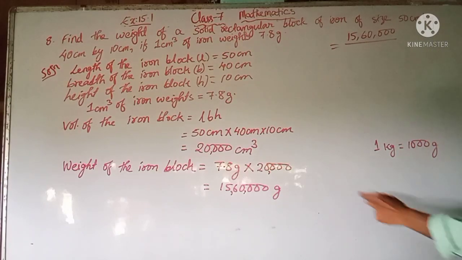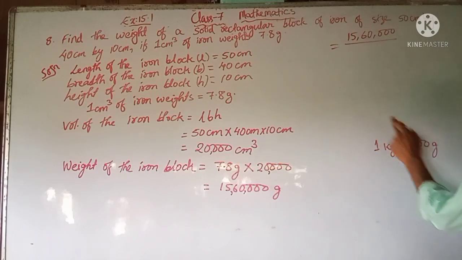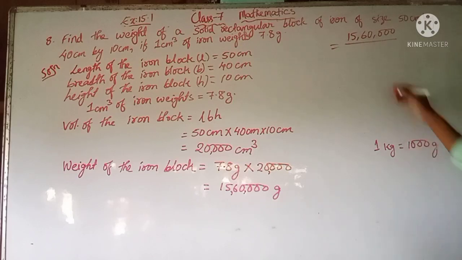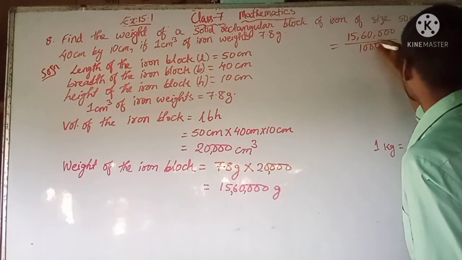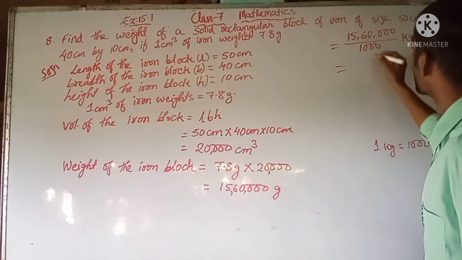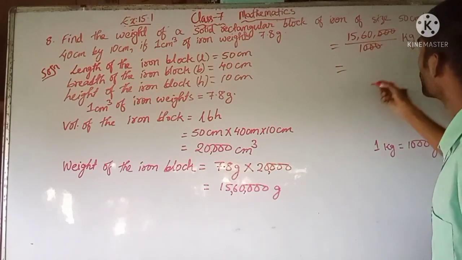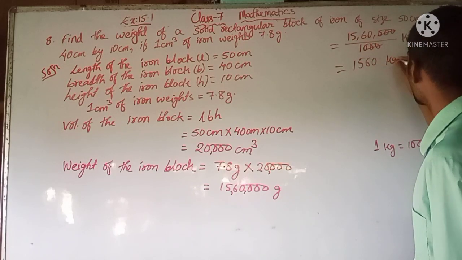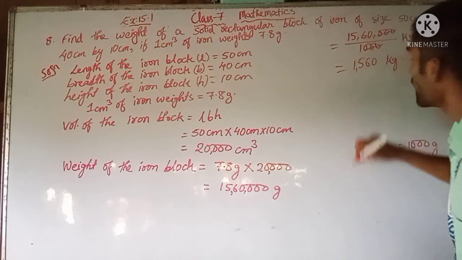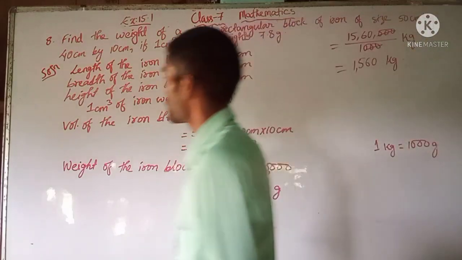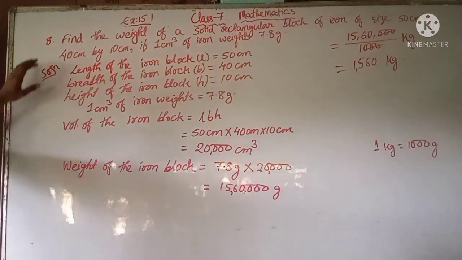So if we are converting gram into kg, then we will divide it by 1000, and the unit will change into kg. So 3 zeros from here and 3 zeros from here. So we will get here 1560 kg. The weight of that iron block will be 1560 kg. That is the answer for question number 8.